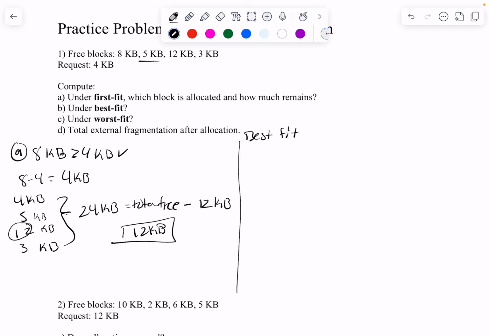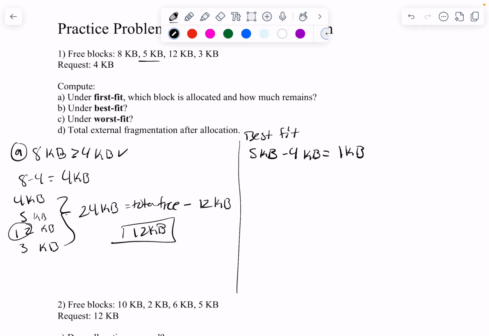Again, it's big enough to satisfy the request. So because we're taking 5 kilobytes, we're going to subtract the request from it in order to figure out what is left, which is going to be 1 kilobyte. This is going to be the smallest hole.